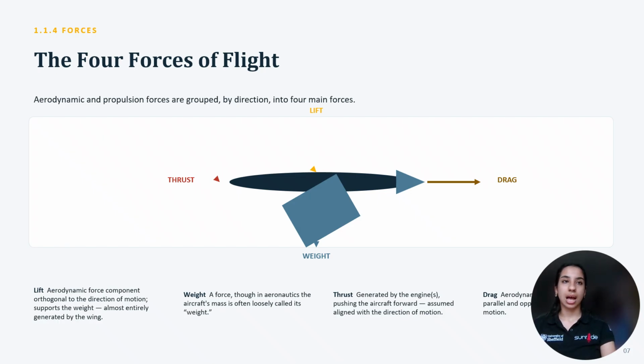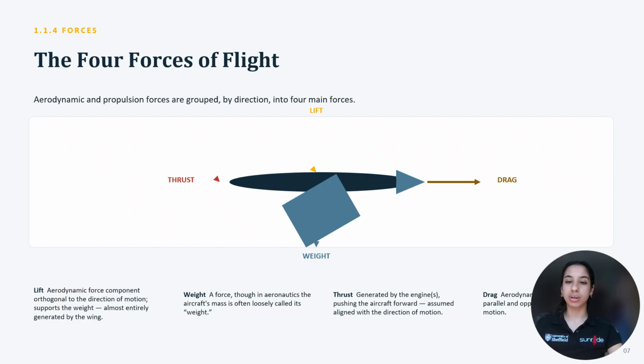Every object has a force that goes downwards, which is the weight, and that is mass times gravitational acceleration. Then you got the lift. Lift is upwards. Thrust is what makes the aircraft go forward. And drag is the resistive force to thrust that acts on the opposite side.